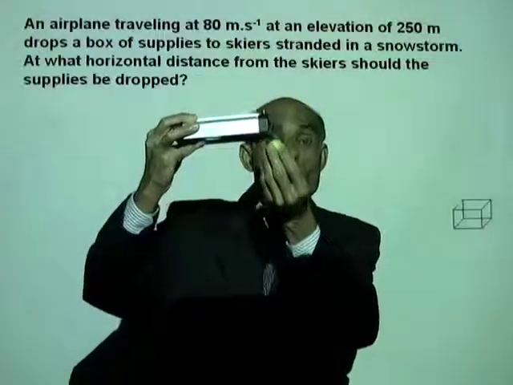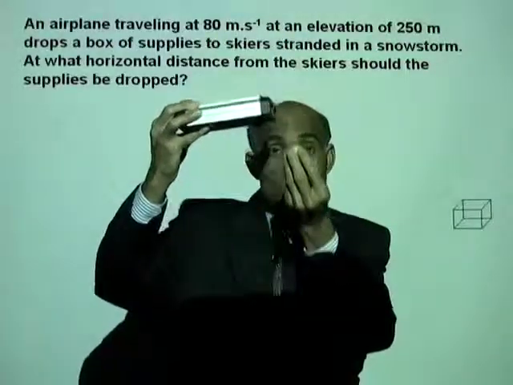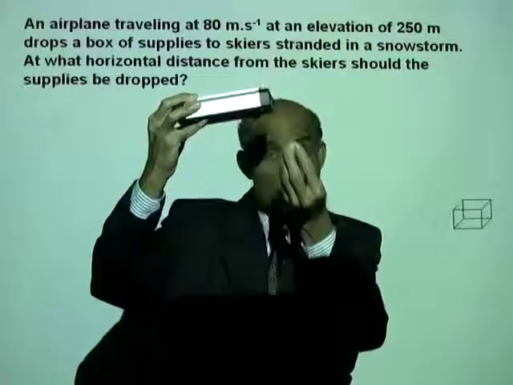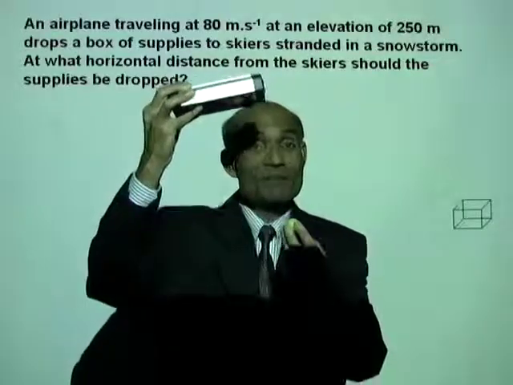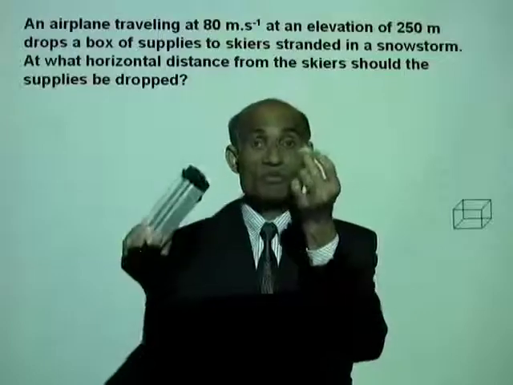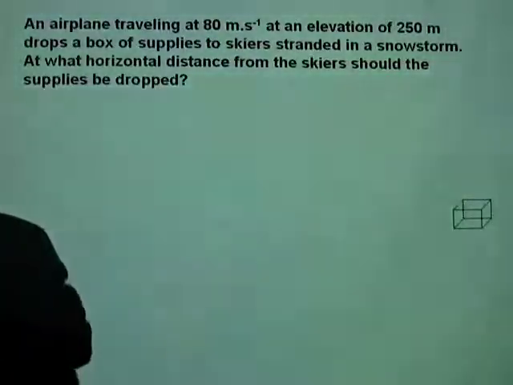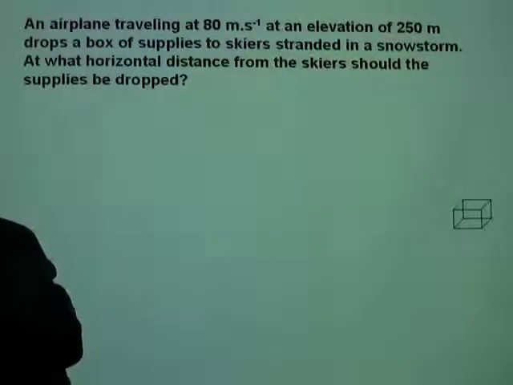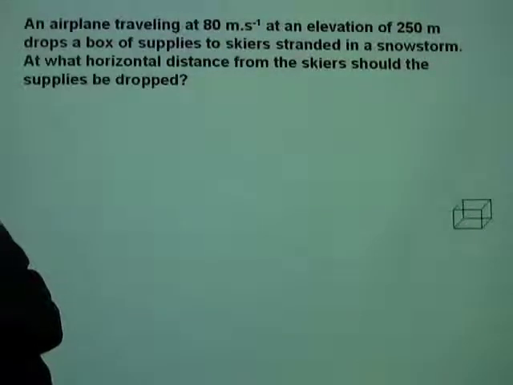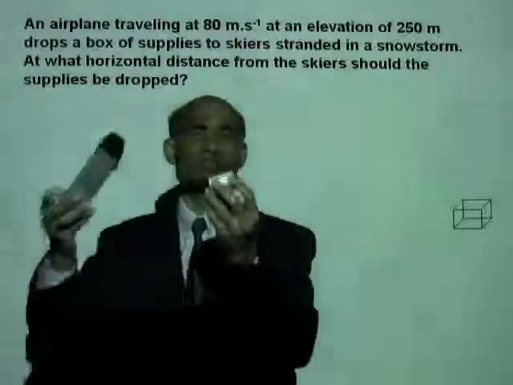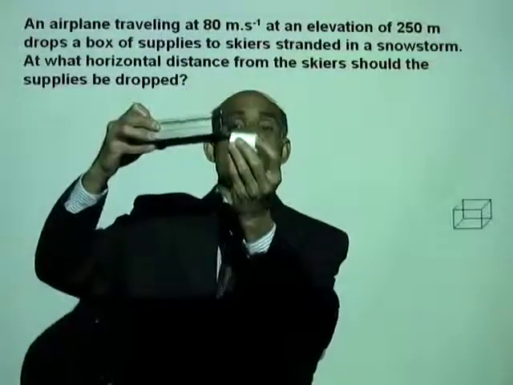So when the plane drops this box, will it simply move vertically down? No. Well, assuming this is a box, I can't find a box, so I'm using that as my box. Suppose this is the box that the airplane drops.